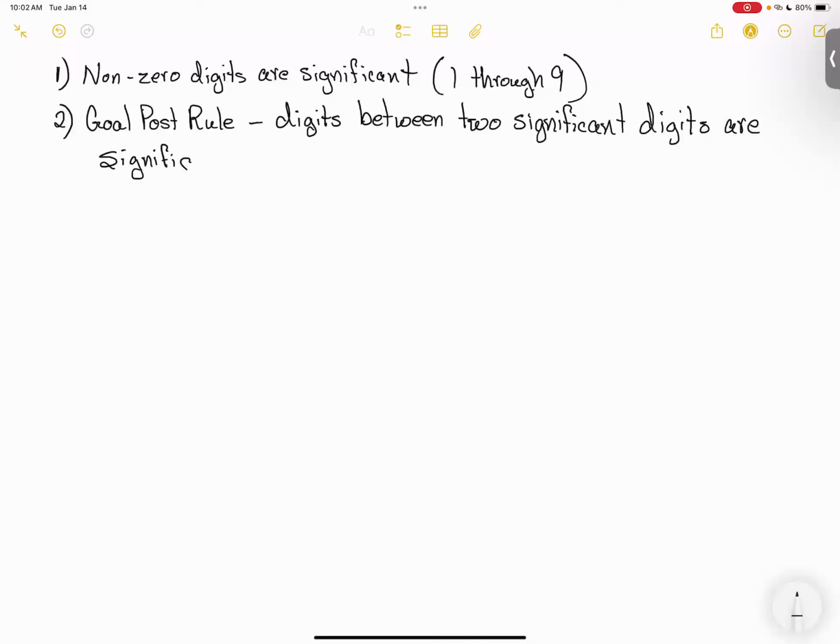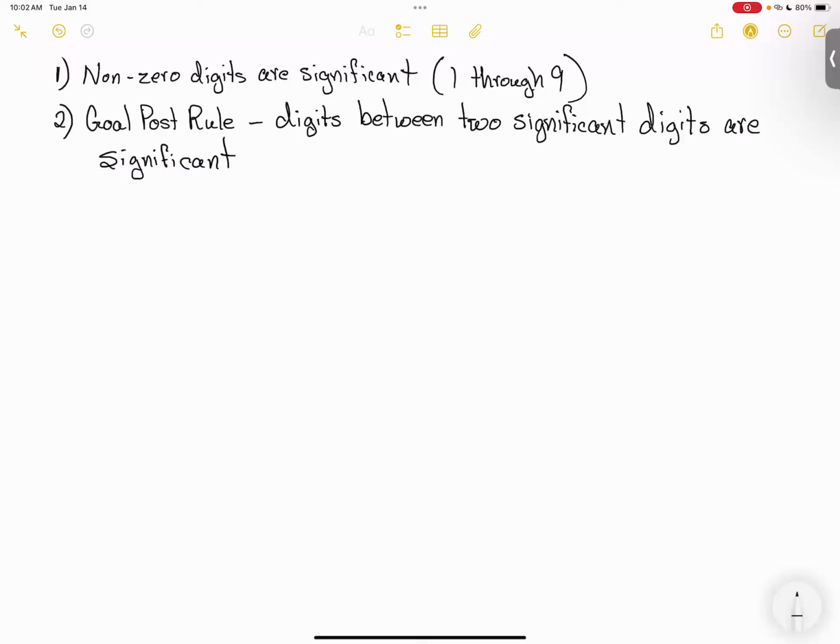What this goalpost rule does is it allows me to identify, I look at the first digit and determine whether it's significant. And I look at the last digit and determine whether it's significant. Then I know everything in between is significant. That's how I view this goalpost rule.